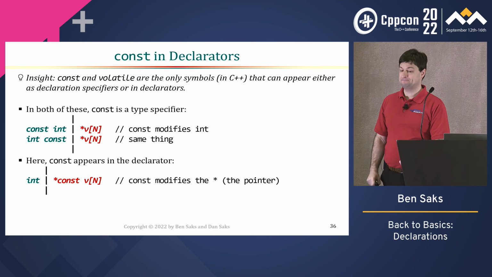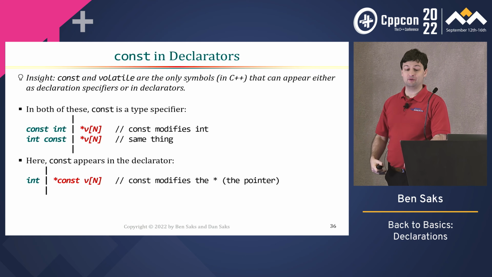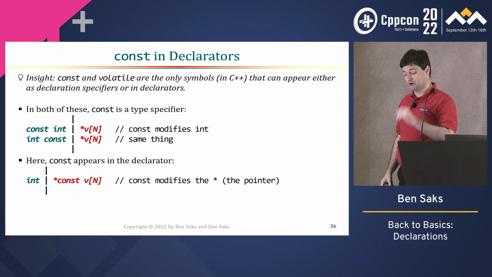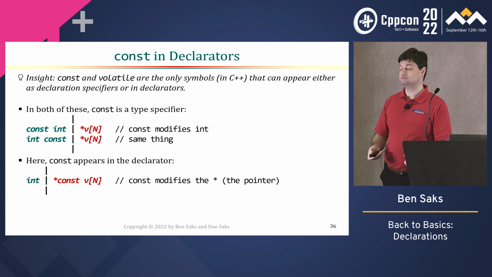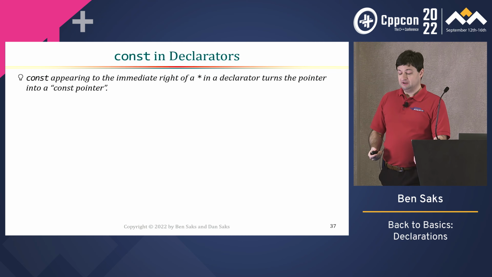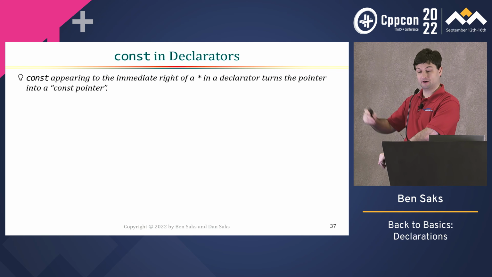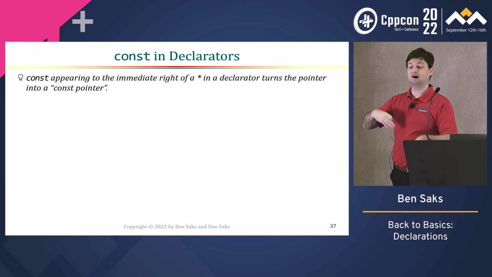Whereas here, const is part of the declarator. It's on the right-hand side of the star. And now the const is modifying the pointer. This is an array of n constant pointers to integers, which are non-const. So a const appearing to the immediate right of a star declares something that really is a constant pointer.